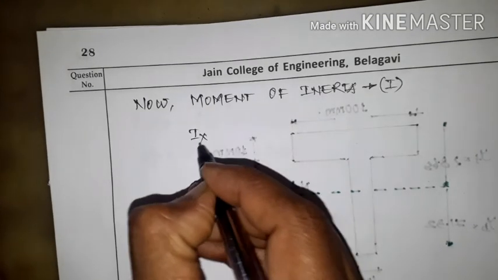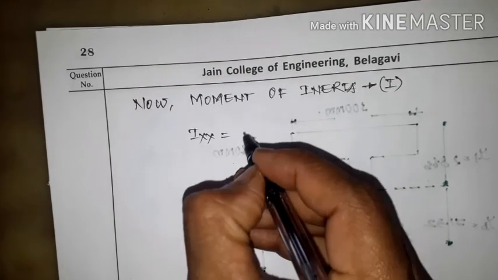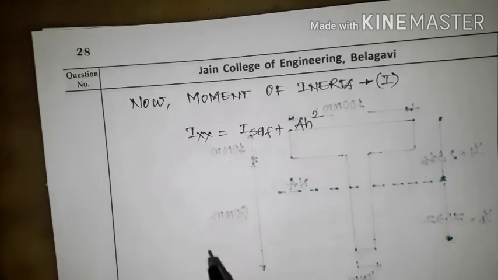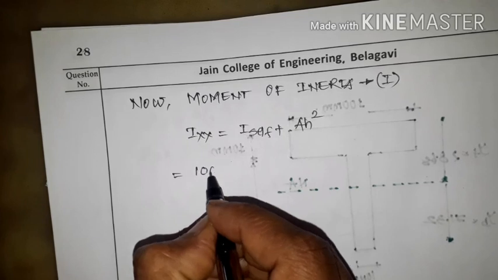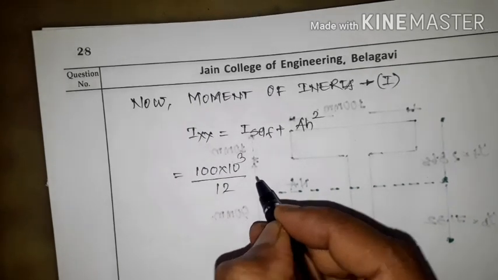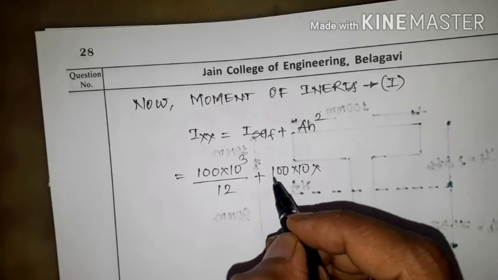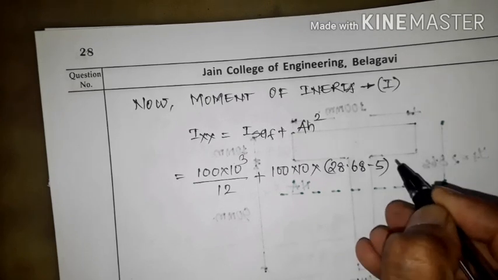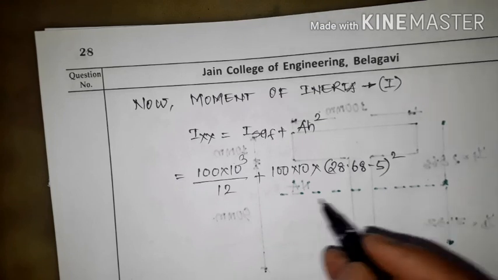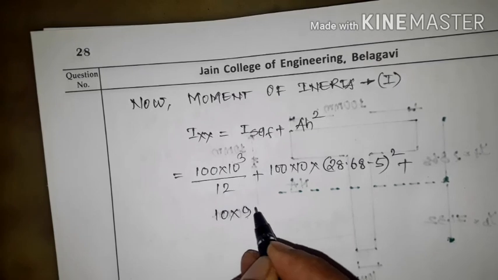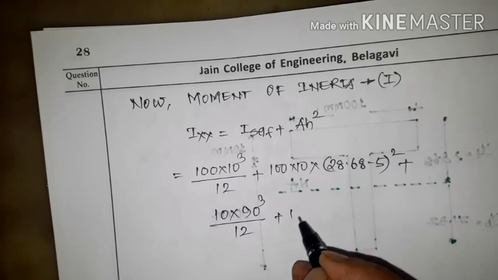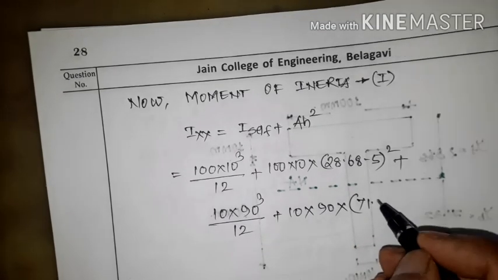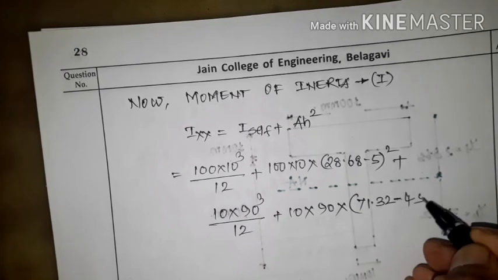So Ixx is I self plus A H square. That is 100 into 10 cube by 12, BD cube by 12, plus area 100 into 10 into distance H, which is 28.68 minus 5 mm square, plus again for the web part, B is 10, BD cube by 12, 10 into 90 cube by 12, plus area 10 into 90 into height 71.32 minus 45 square.